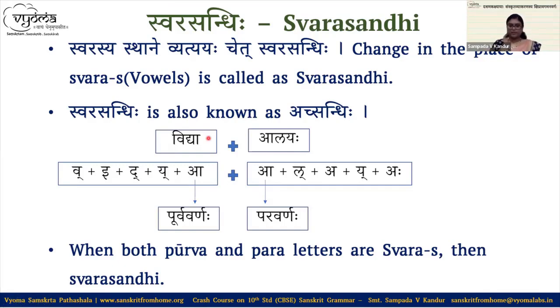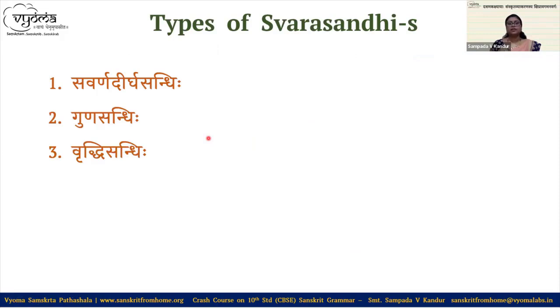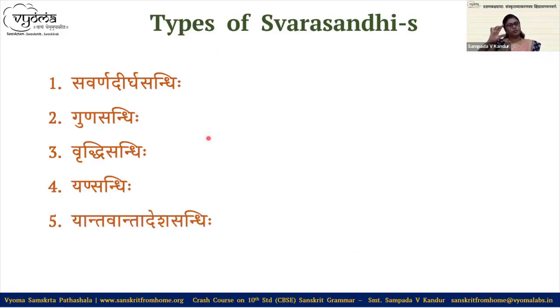So let's start Swara Sandhi. Now let's see what are the types. These are 5 types. These all 5 types you should be thorough in. सवर्ण दीर्घ संधि, गुण संधि, वृद्धि संधि, यण संधि, यान्तवान्तादेश संधि.